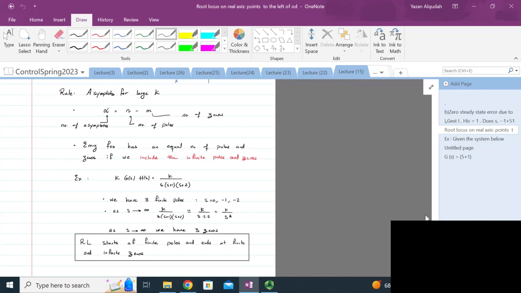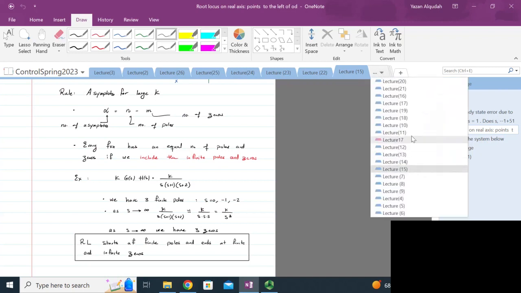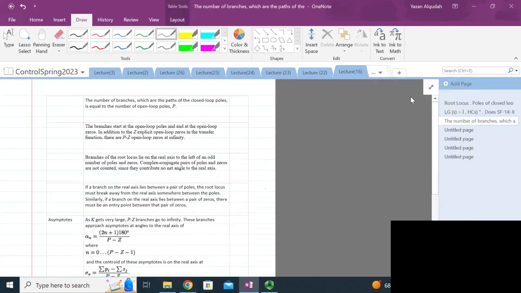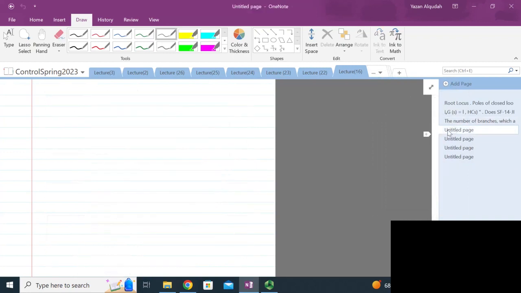So continuing with our lecture here, continuing with the rules. Now is the rule on the real axis more clear?